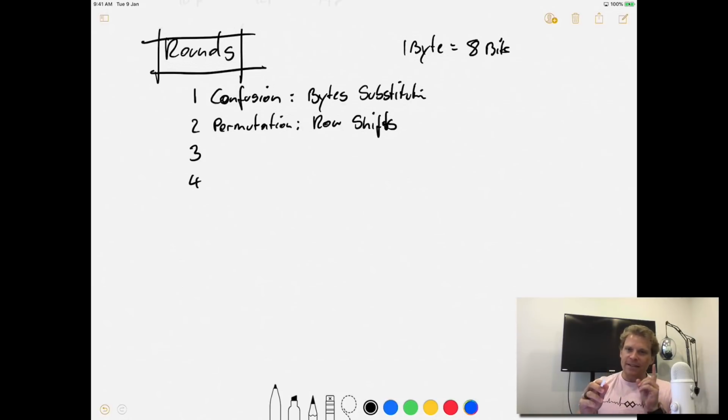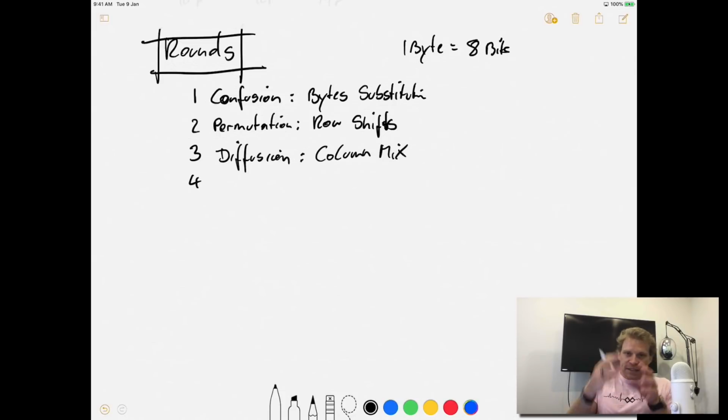This is very important because it leads to the third step, called diffusion. This means you do a column mix. All these blocks get split into bytes, and suddenly these things get completely mixed around, and this creates very strong diffusion.